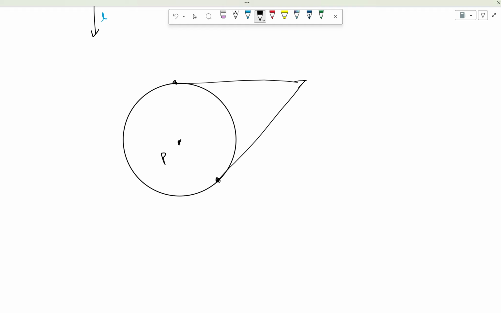We have 2 points of tangency here. So this radius PB and another one here, PA. And then these guys go to this point C right here. Lines that are tangent and intersect outside of the circle are going to wind up being congruent.